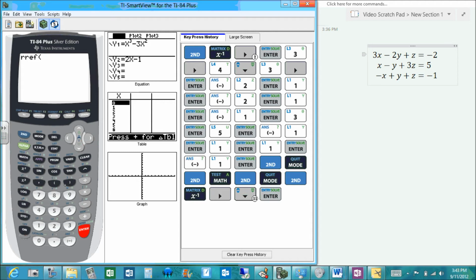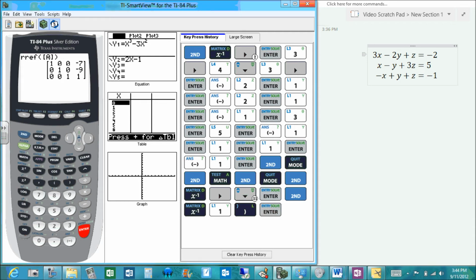Okay, and then you want to go in and give it the name of the matrix you just made up. So our matrix is called A. And see, it's got the list of names here. So A is a 3 by 4 matrix. So we tell it we want that one. You can just press 1 or hit enter if it's the first one. Close bracket. And then when you do that, it's going to give you an array of numbers like that.